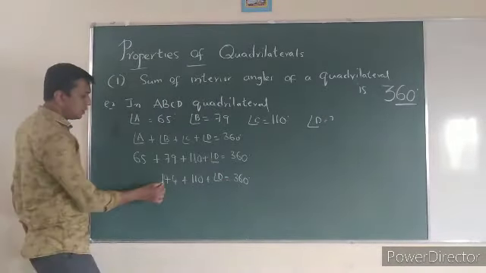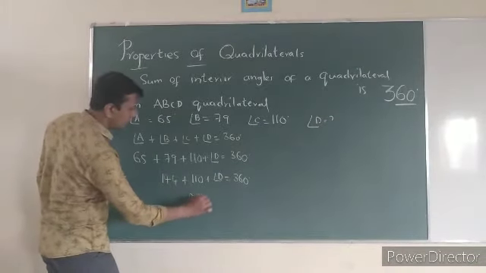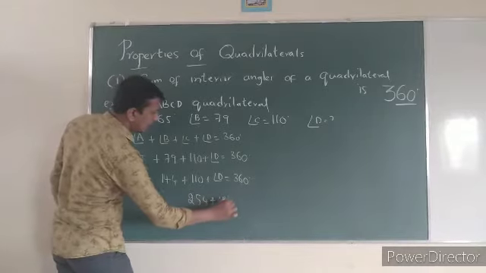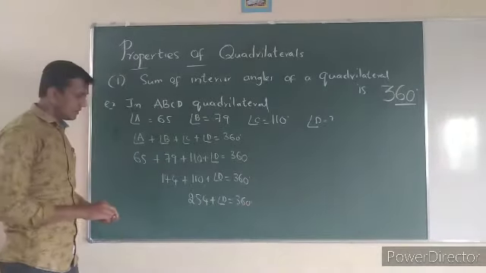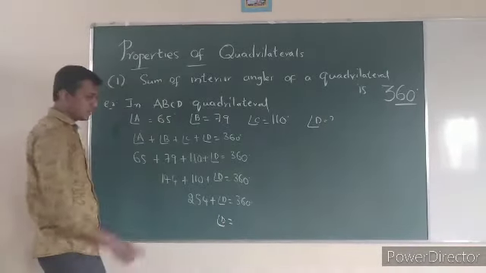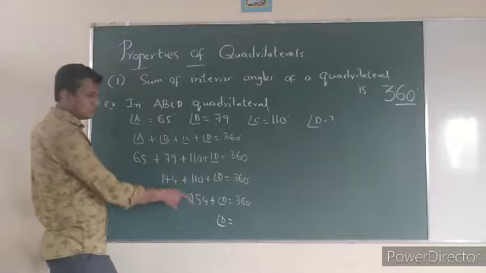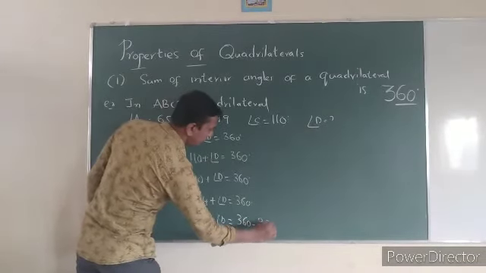Now add these two: 144 plus 110, 254. Angle D is equal to 360 minus 254.